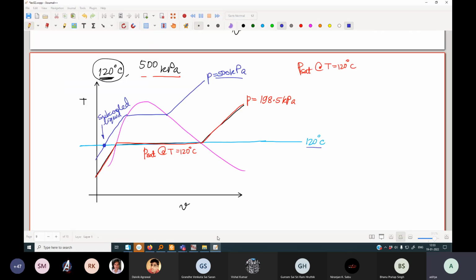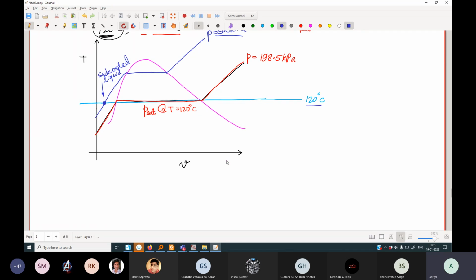Essentially, what we are doing, and I'm repeating this once again, is asking the computer to give me the pressure at this point, this point, this point, anywhere inside this saturated dome. All the points will have the same pressure and the same temperature. That is why they are not independent.